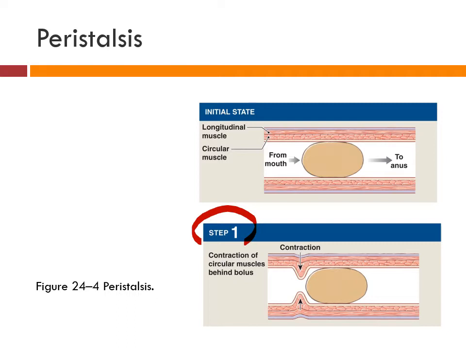You can see this inner portion here are circular muscles, and all the little circles are shown like that because it's cut in cross section. The outer layer runs lengthwise. So first we have circular muscles that contract behind the bolus.